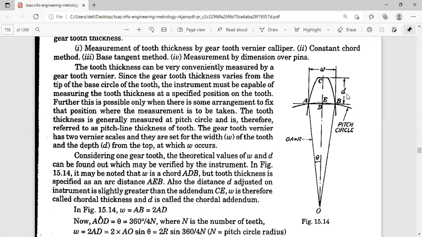There's no hard and fast rule. We have to use only one of them consistently. So this particular CE, this particular D, you have to adjust so that it will be greater than this addendum value. So W is therefore called the chordal thickness or the tooth thickness, and D is known as the chordal addendum.